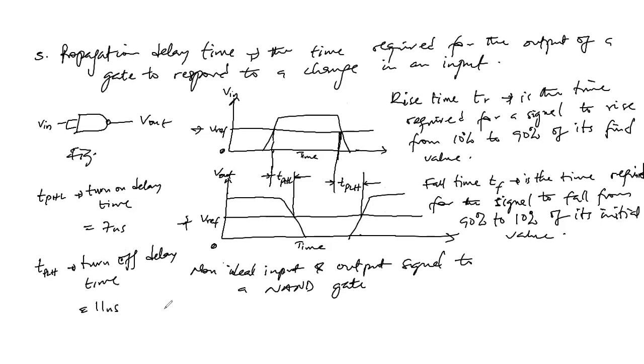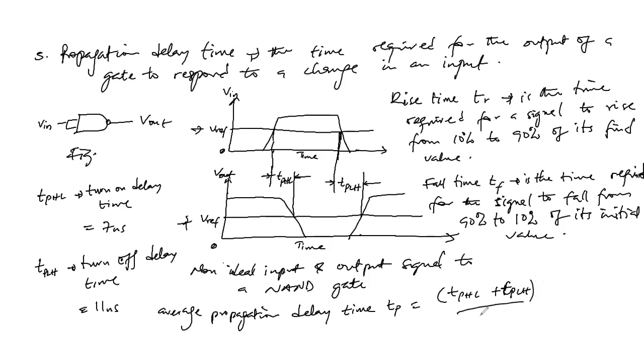So the average propagation delay time, T sub P, is therefore given as the sum of TPHL and TPLH divided by two, that is the average value between the turn on delay time and the turn off delay time.